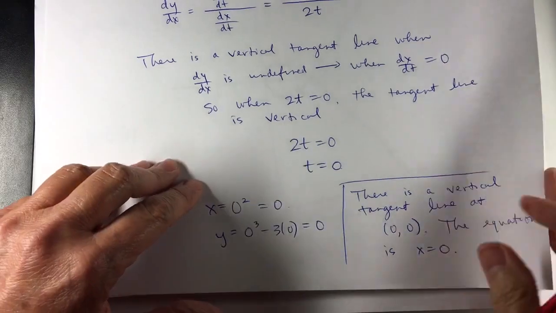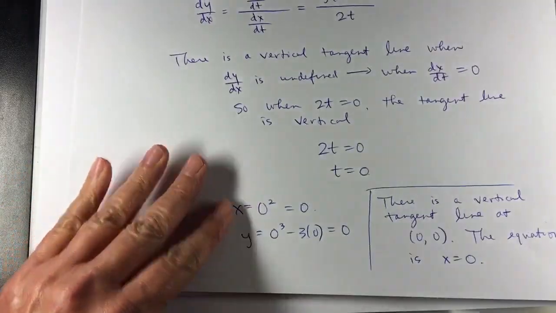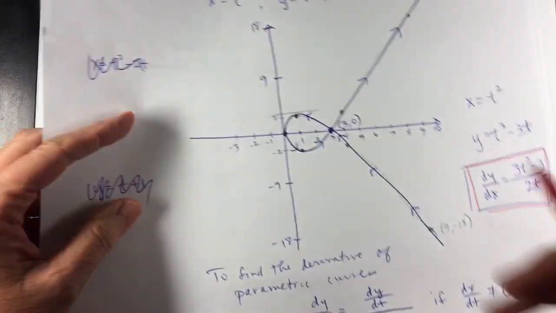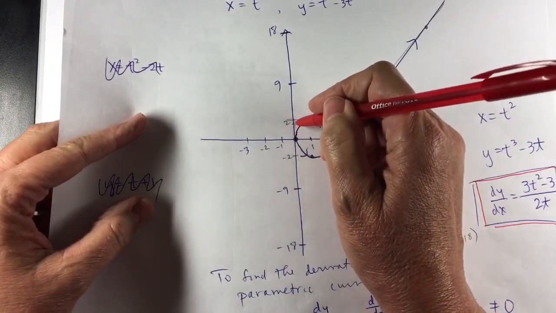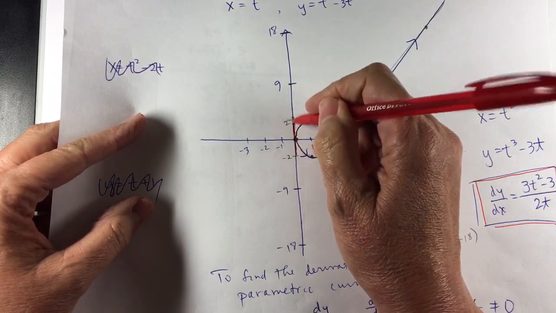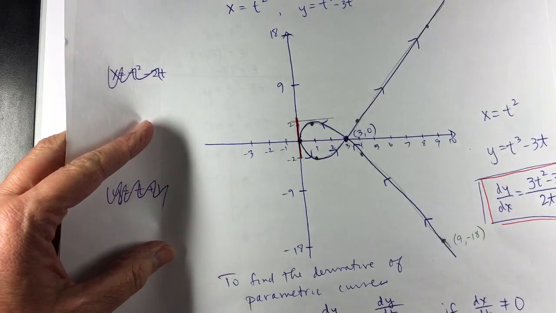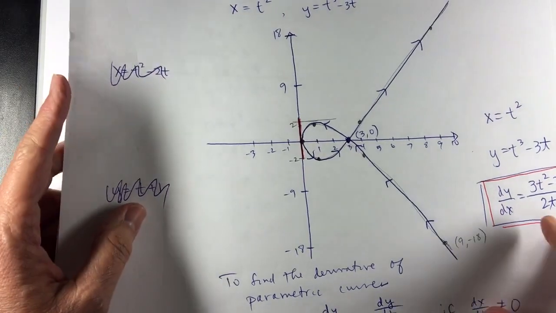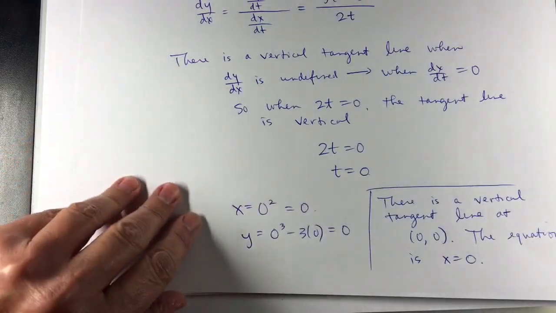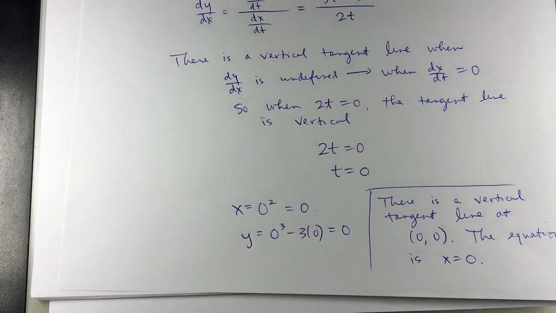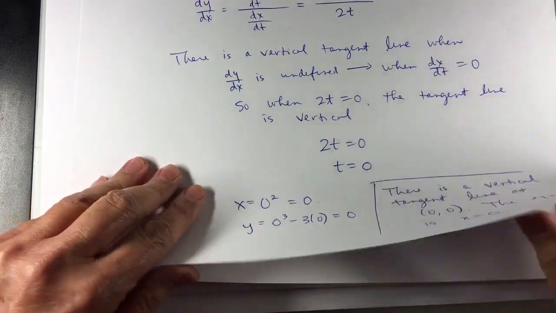And I have my graph right here. On the graph, that's going to be this line. Well, it's the y-axis.